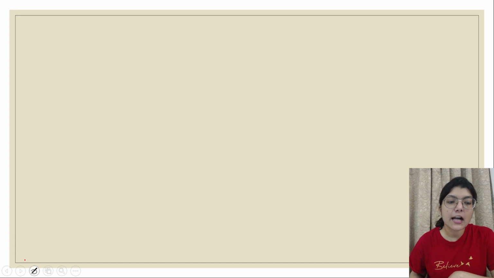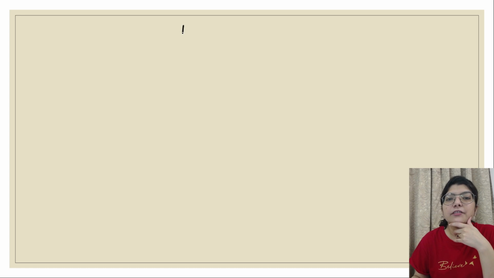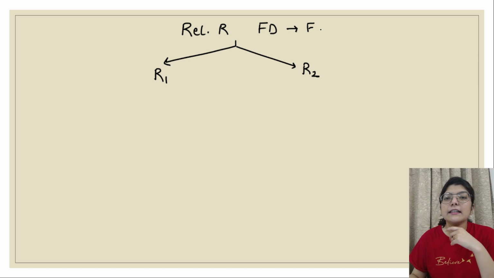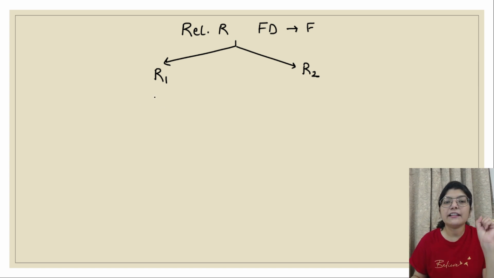Okay, so now let's talk about dependency preserving, how we will perform dependency preserving. Suppose that I have a relation R, and in that relation R I have a set of functional dependencies F. When you divide your relation R into R1 and R2, these functional dependencies will get distributed.